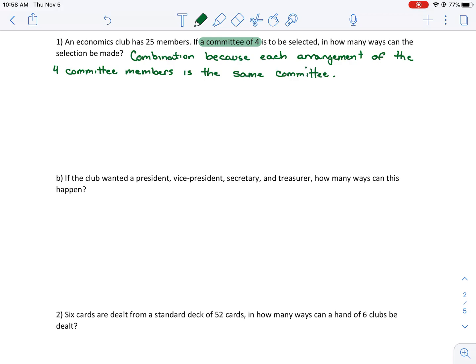In this case, they would say order is not important, and that implies AB is equal to BA. Now that we know this is a combination, I can write C of 25 comma 4, and that is equal to the following.